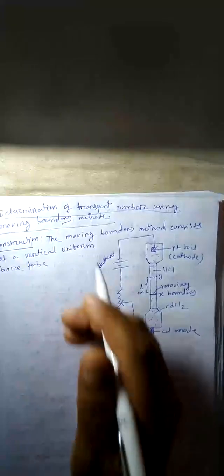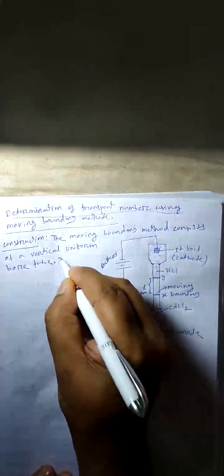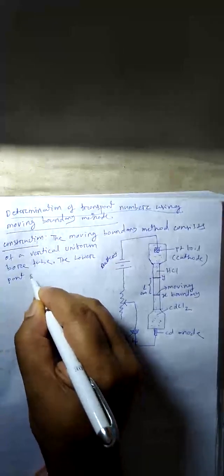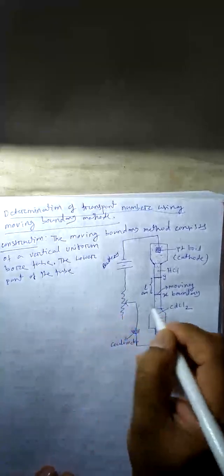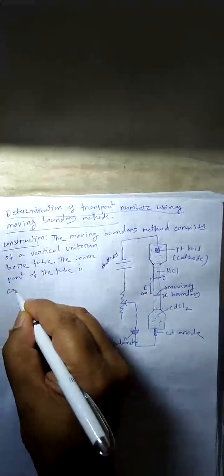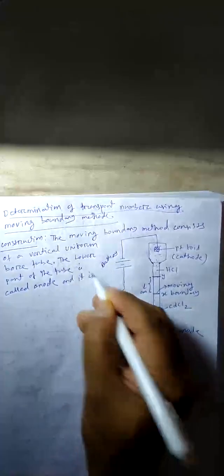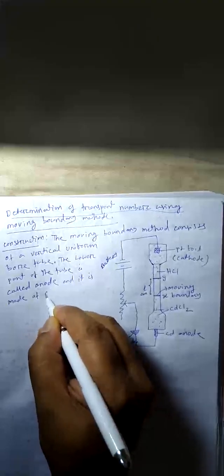The lower part of the tube, or bottom part of the tube, is called the anode, and it is made of cadmium.